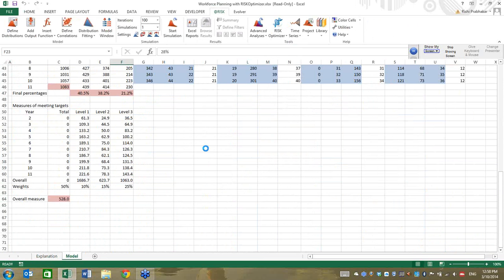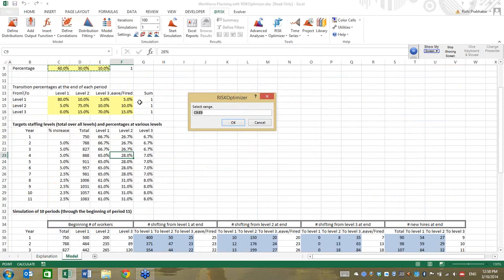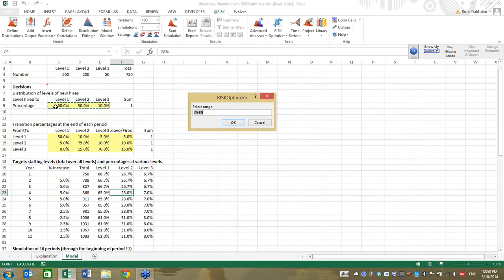And if I look at my RISKOptimizer model, I have, in fact, as an example, 4 separate budgets that need to be met. So I have a budget issue around the number of new staff that I'm hiring up here, and this budget problem is actually a budget of 100%, similar to the Evolver example for the portfolio and what percentage of your money is going to go into each of the 8 assets.